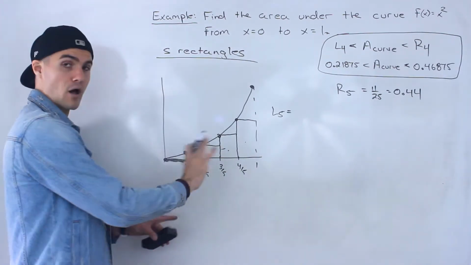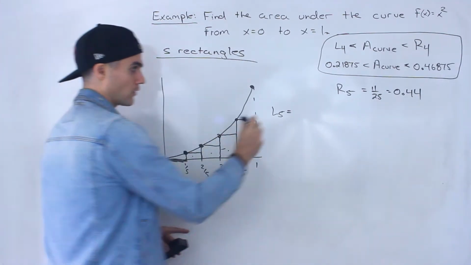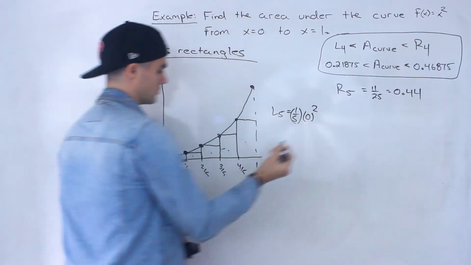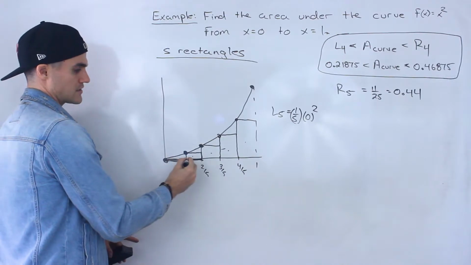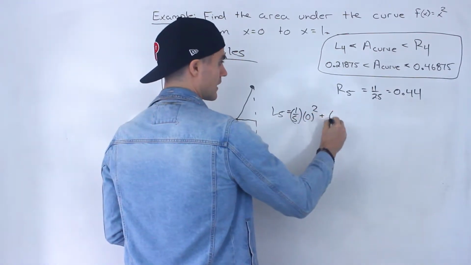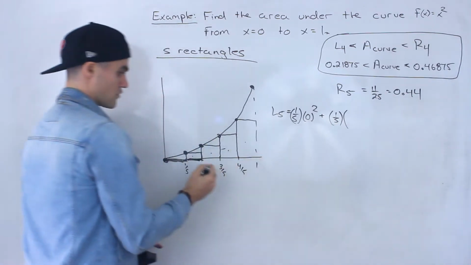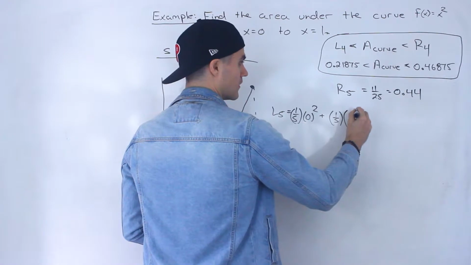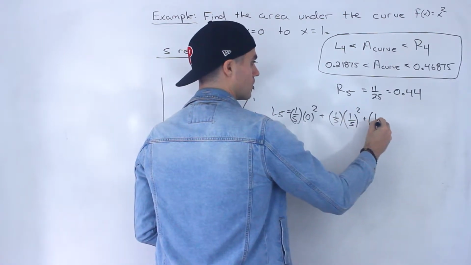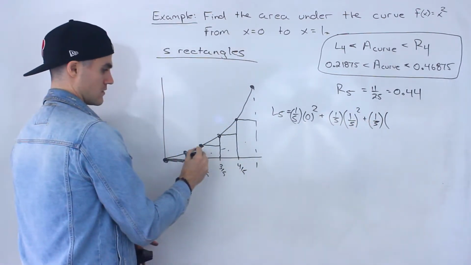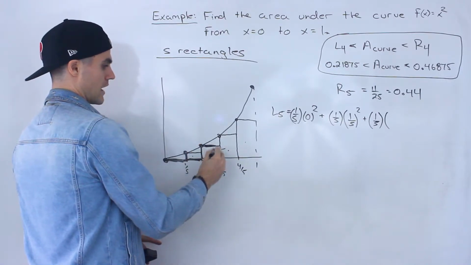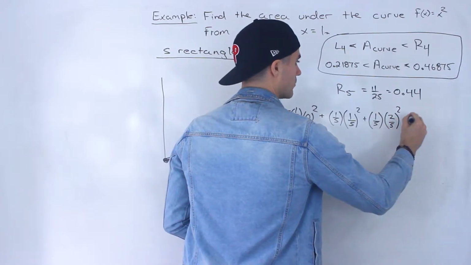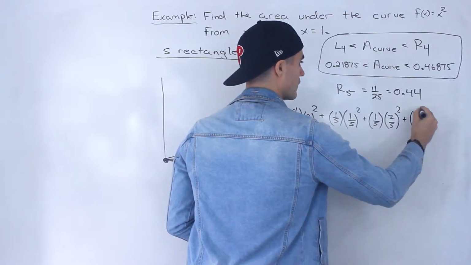So let's get that expression. Notice the length of all of them is still going to be 1 over 5. So this is going to be 1 over 5, but we're going to be multiplying it by 0 squared. And then this rectangle, the length is going to be 1 over 5. The height of it is 1 over 5 squared, plus 1 over 5. The height of it is 2 over 5 squared, plus 1 over 5.